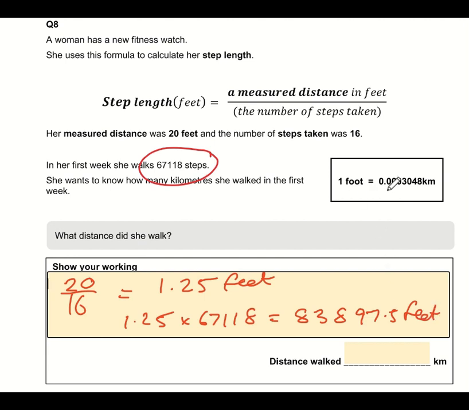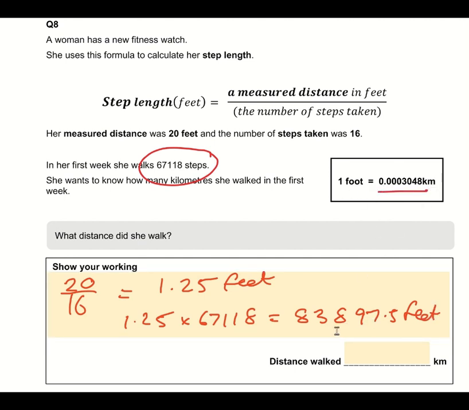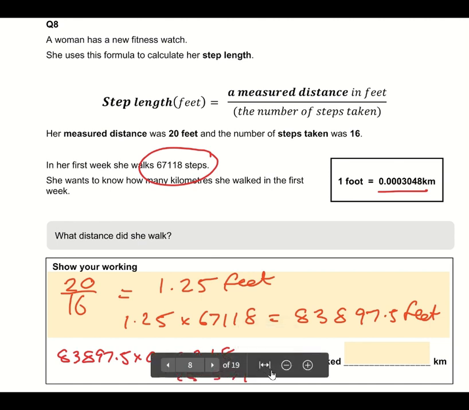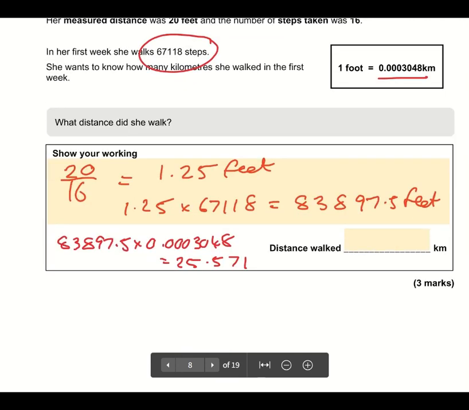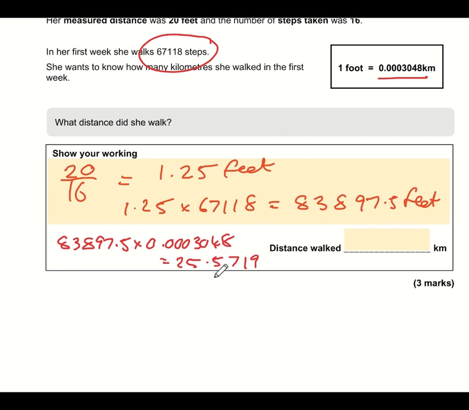And 1 foot is this number of kilometres, so this number of feet is just going to be 83,897.5 multiplied by 0.00003048, and that will give us 25.5719. So let me just scroll down a bit. It doesn't really say how many decimal places it wants, so round that to whatever you like really. Let's round that to the nearest kilometre, so 26 kilometres.